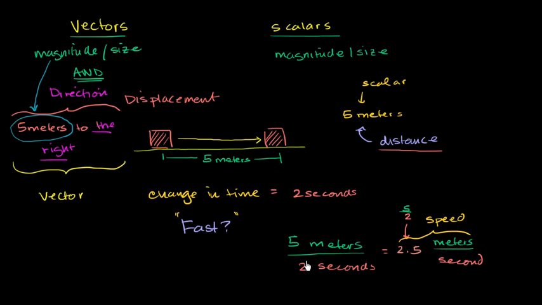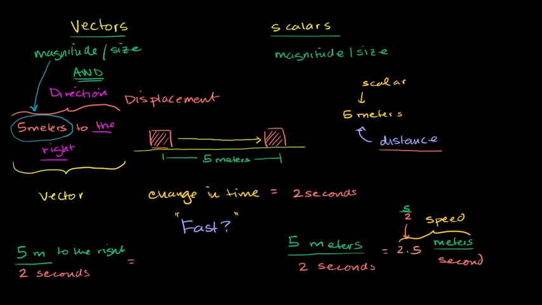Now, if we say it went 5 meters, I'll just write m for meters, 5 meters to the right in 2 seconds, then what do we get?